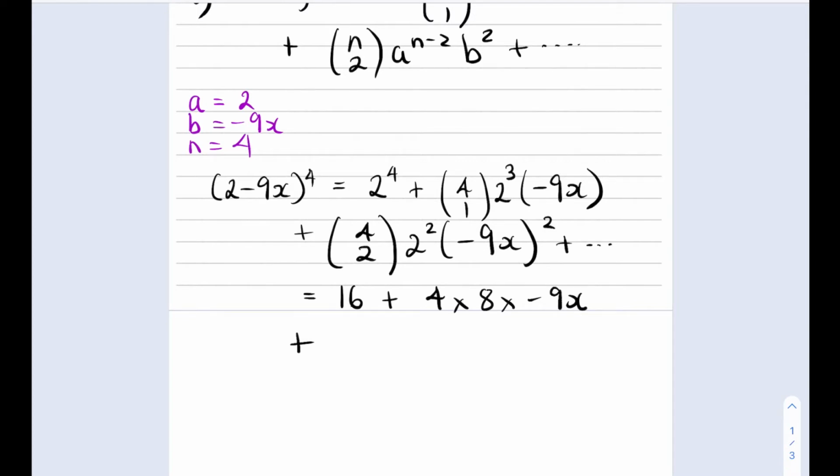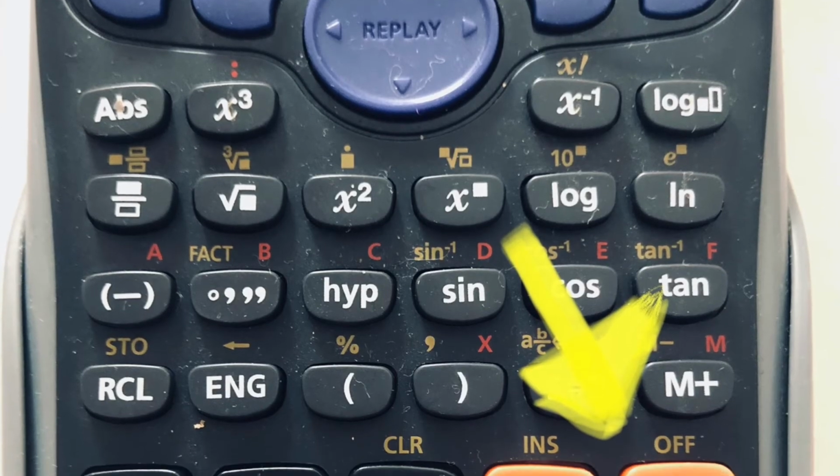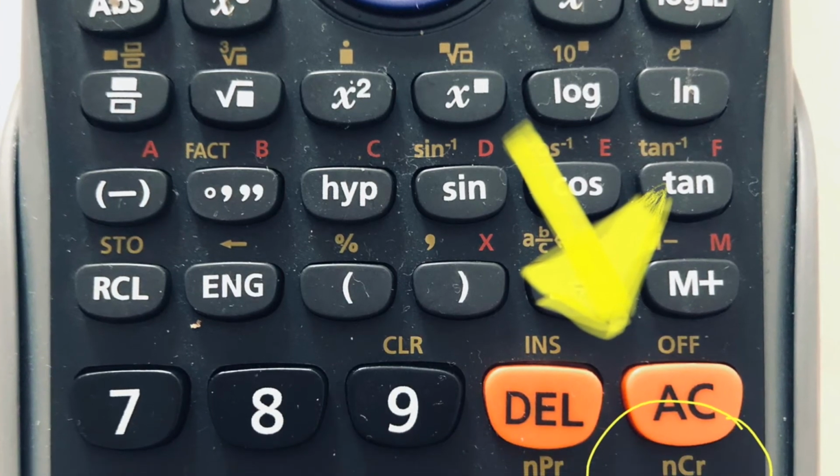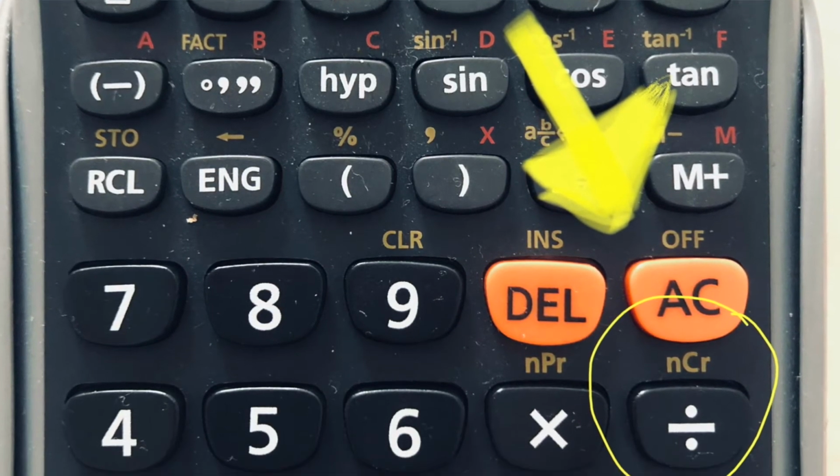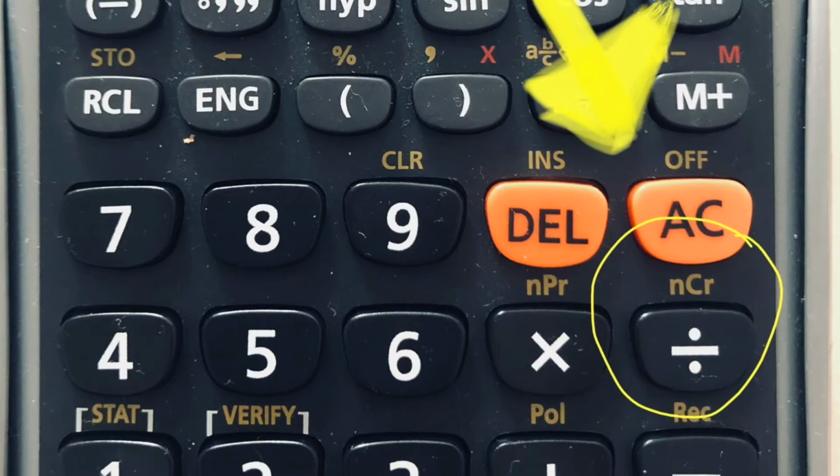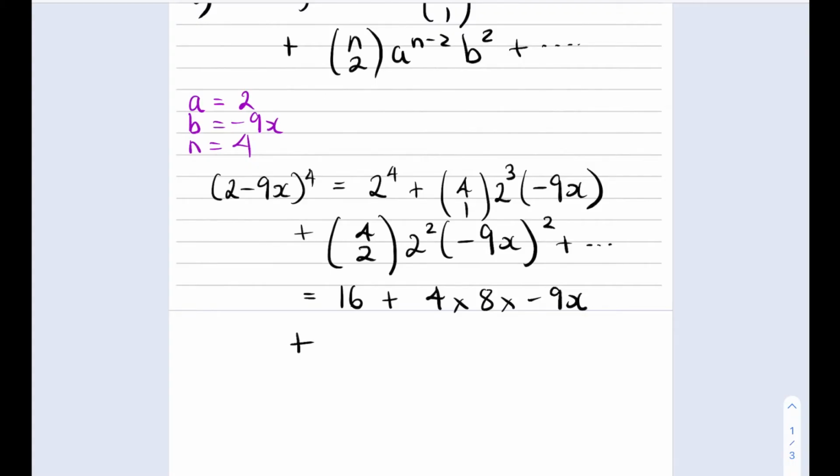I'm using my calculator to calculate 4 choose 2. You might recall that there is a button on your calculator for n choose r. It's the shifted division sign. Or you could also use the coefficients in Pascal's triangle. 4 choose 2 is 6.